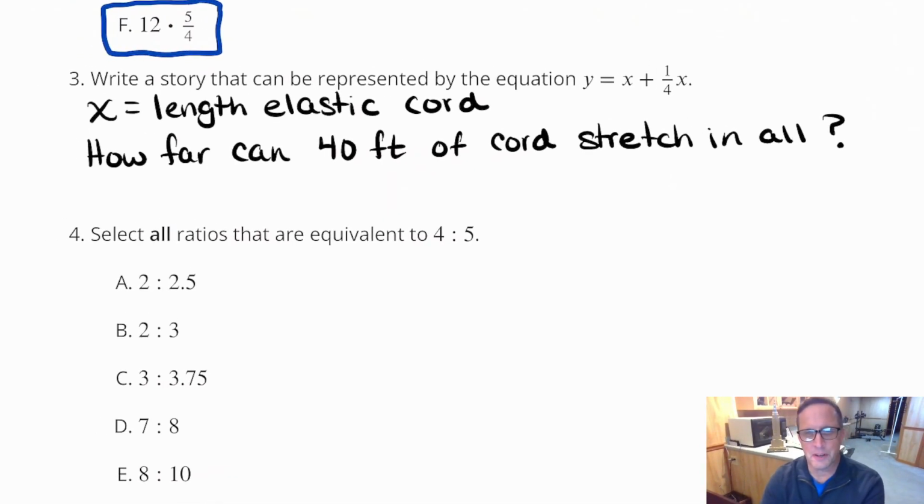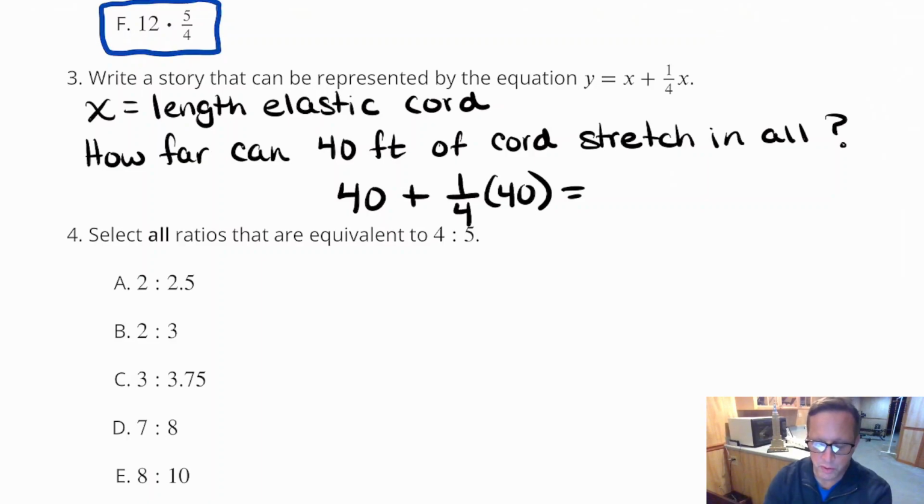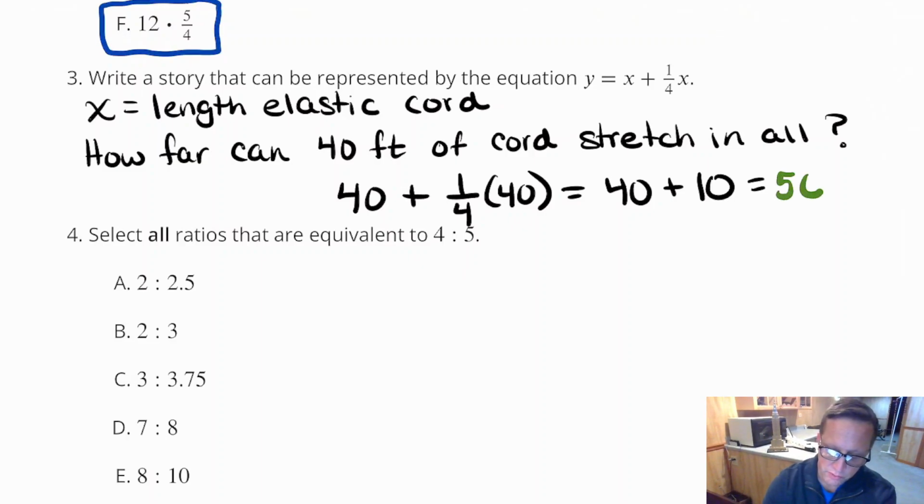That's not the best wording there, but you guys know what I mean, right? So 40-foot cord. So x is the 40-foot cord plus 1/4 of 40. All right, so 1/4 of 40 is 10. So 40 plus 10 equals 50. So 50 feet, and that makes sense.